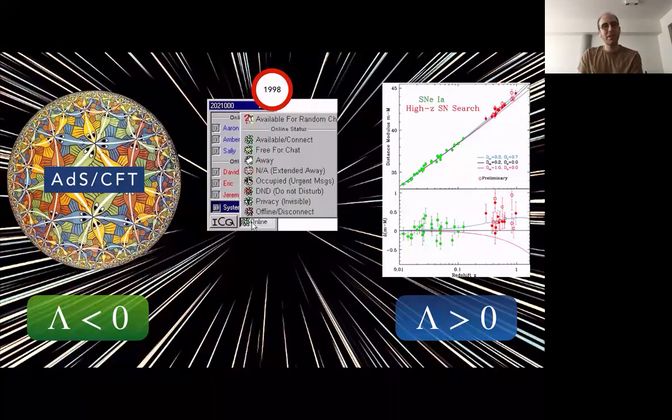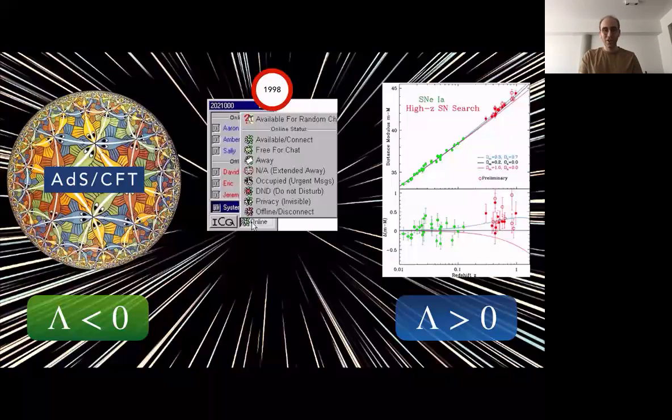And at the same time that ADS-CFT was born, we also realized that our universe is not described by a negative cosmological constant, not by a zero cosmological constant, but by a tiny positive cosmological constant. And this plot shows that these supernova are farther away than they should be if we were to live in a flat universe with zero cosmological constant.